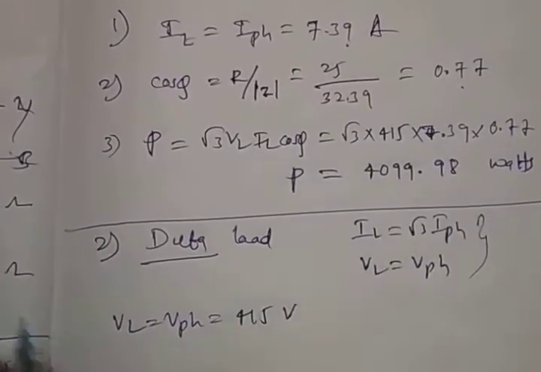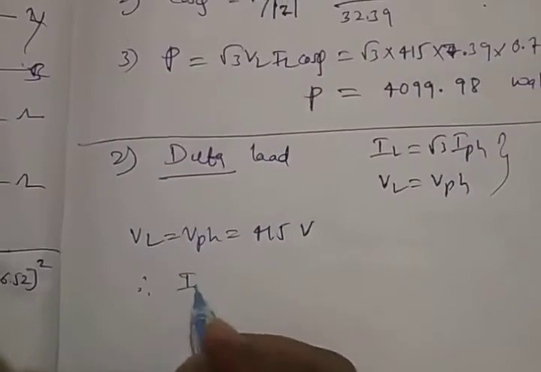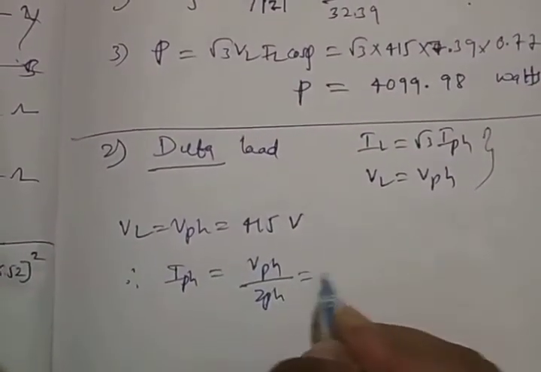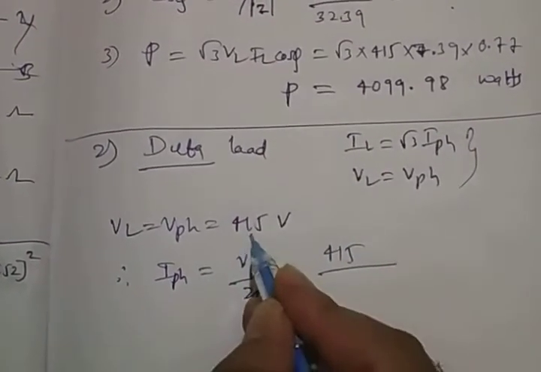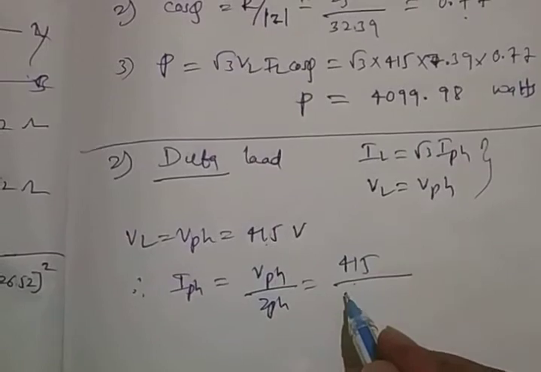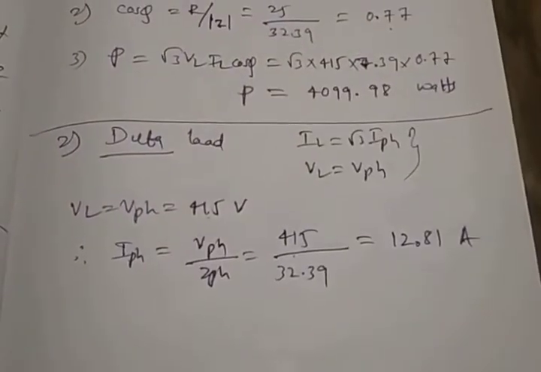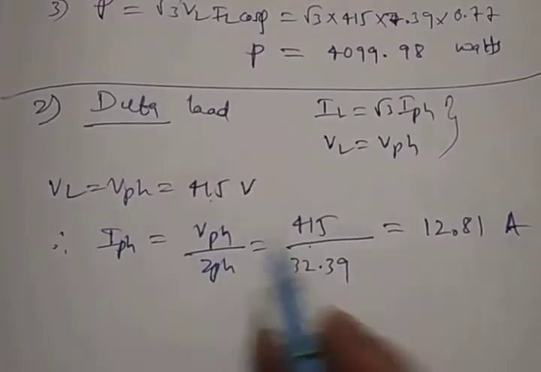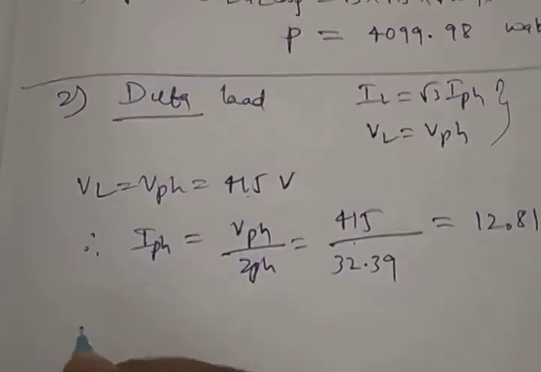Calculate IPH equal to VPH by ZPH: VPH is 415 and ZPH is 32.39. So the answer is 12.81 ampere. That is the IPH. Once you get IPH, multiply by root 3 to get IL for delta.